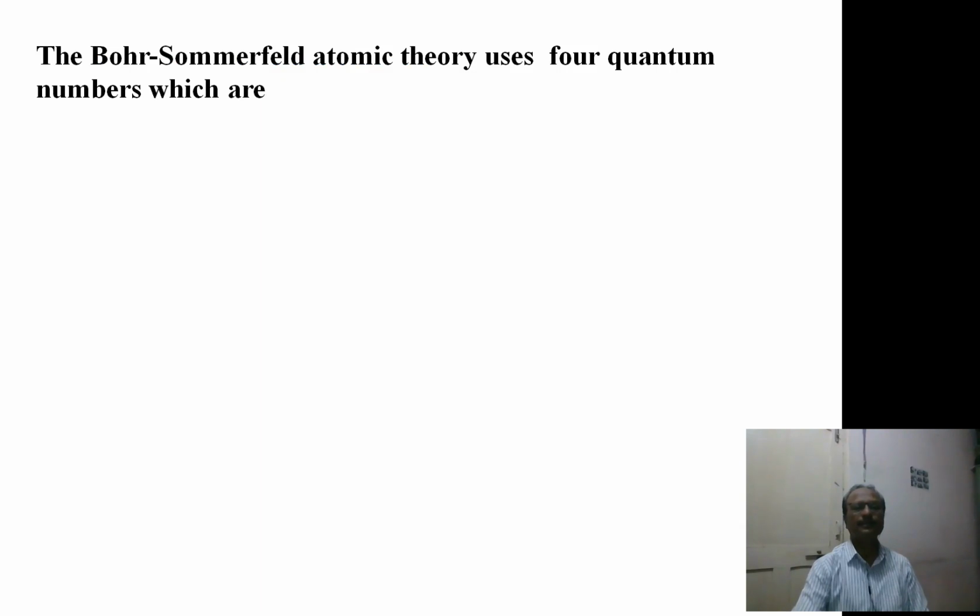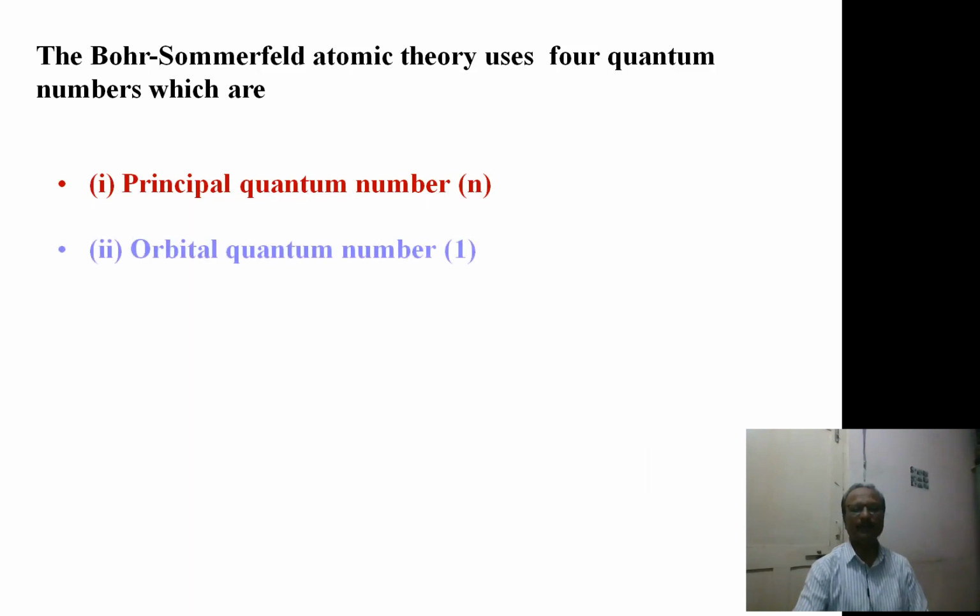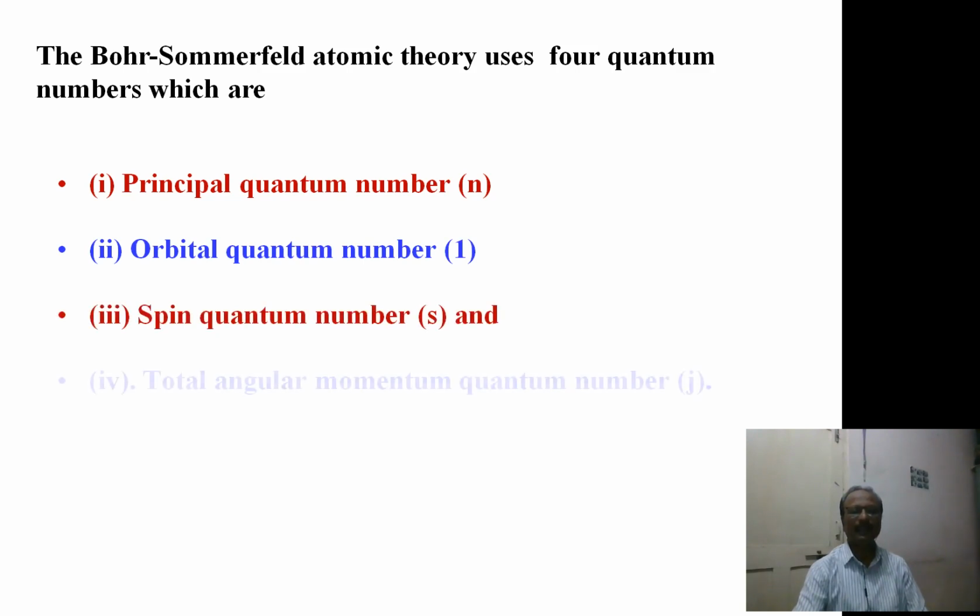So, the Bohr-Sommerfeld atomic theory initially uses only 4 quantum numbers, that is principal quantum number n, orbital quantum number l, spin quantum number s and total angular momentum quantum number j.